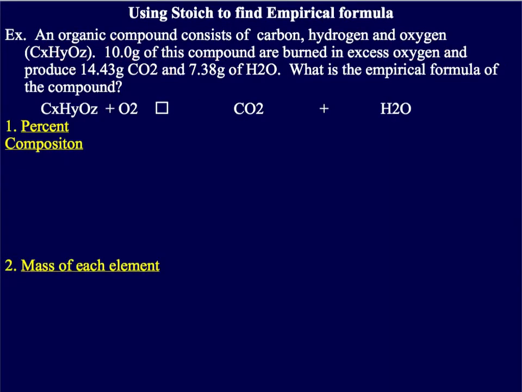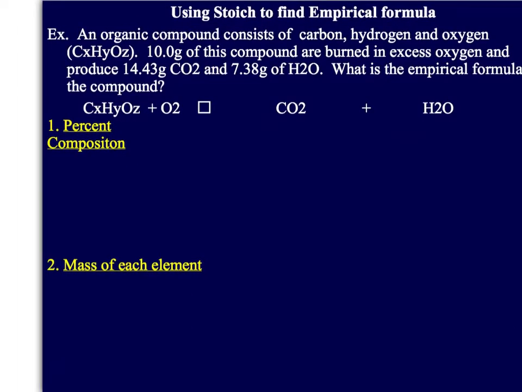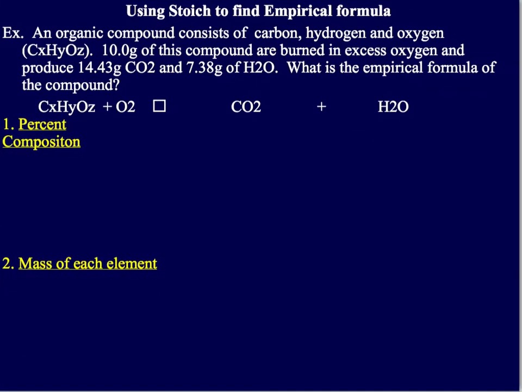Okay, so what we've got is, this should be an arrow here. What we've got is burning 10 grams in oxygen produced 14.43 grams of carbon dioxide and 7.38 grams of water. So what we're going to do is find out of this 14.43 grams, how much of that is just carbon. So what we need to do is find the percent composition. Remember percent composition?